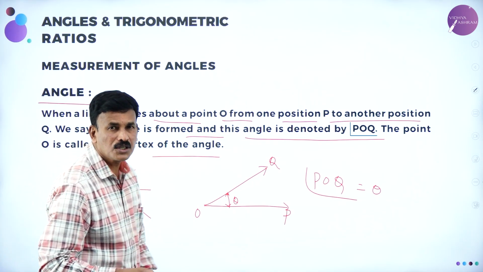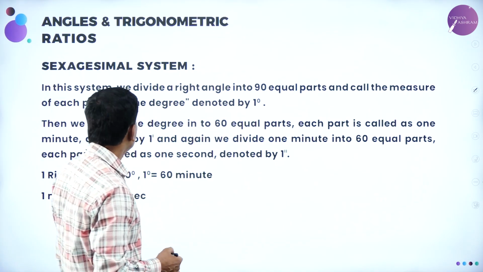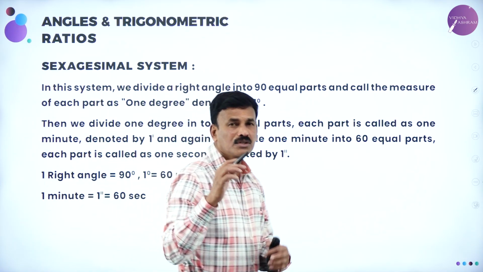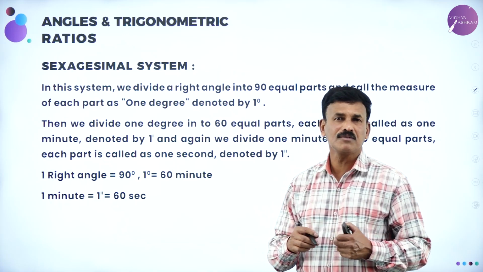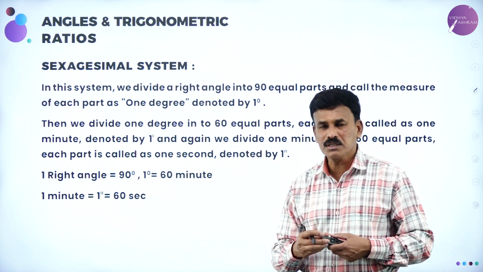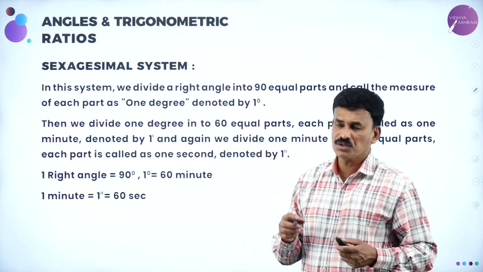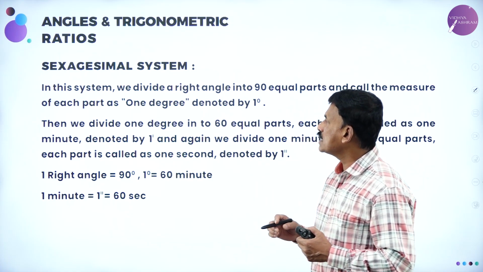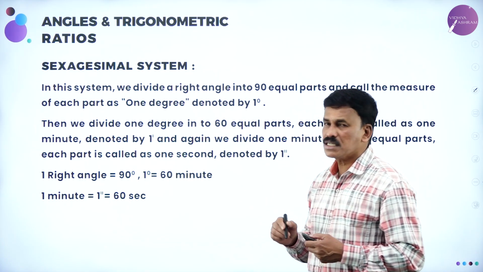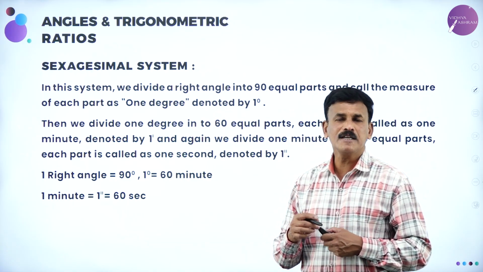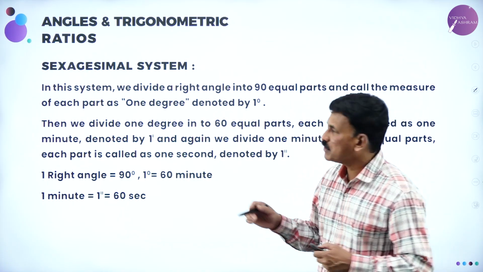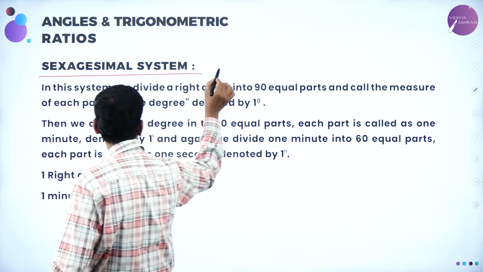So there are positive and negative angles. Now the question arises, how to measure an angle? There are different types of measurement of an angle. The important types you are going to study in this session are Sexagesimal measure, centesimal measure, and the radian or circular measure. Now, let us know about Sexagesimal measure.